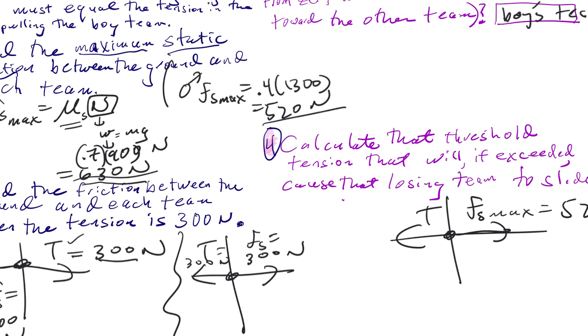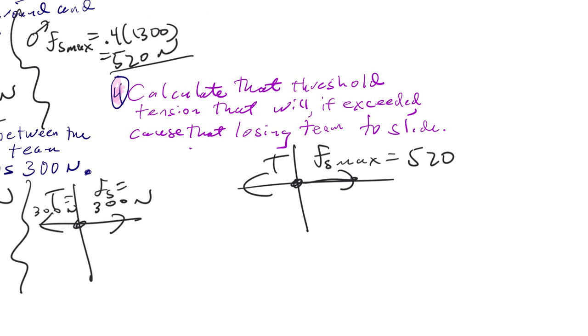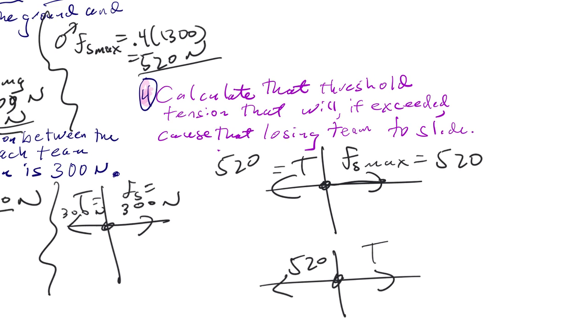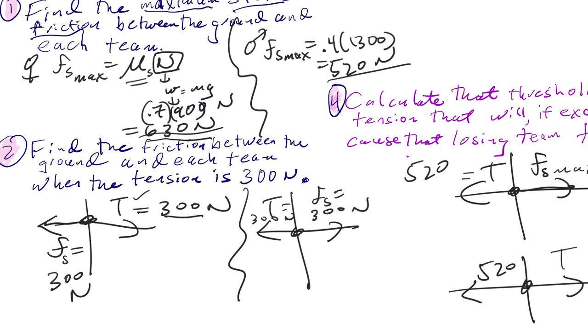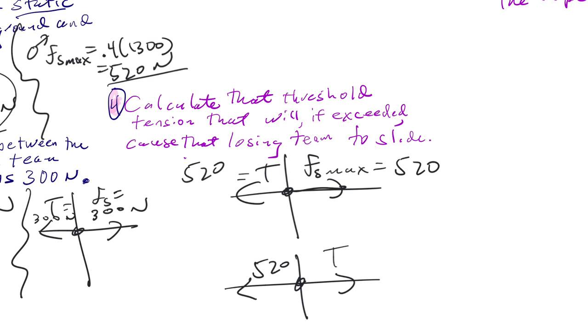So I got that up there in part A. Okay, so the tension, once it exceeds 520, they're losers. They're sliding. But the girls will, here's the tension on the girls. They'll have 520. But they can go up to what? They can go up to 630 newtons right here. And so they're good. They'll stay in place. Okay? So that tension is 520 newtons. That's my answer.